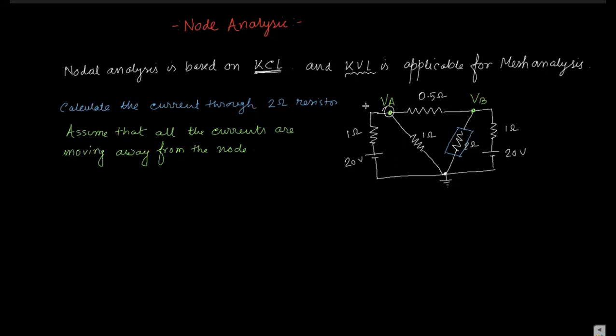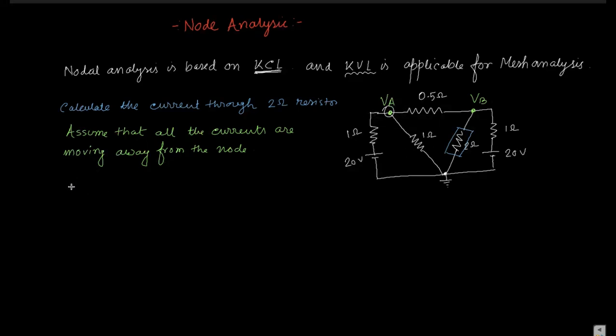Then consider the loop A, B, C, D, A, and according to the path you consider the polarity, whether there is a voltage drop or voltage gain, and according to that you consider the direction of current as well as the direction of the path. You can write the expression for the potential which can be a drop or a gain across the resistances. Okay, but here we have to write the current equation.